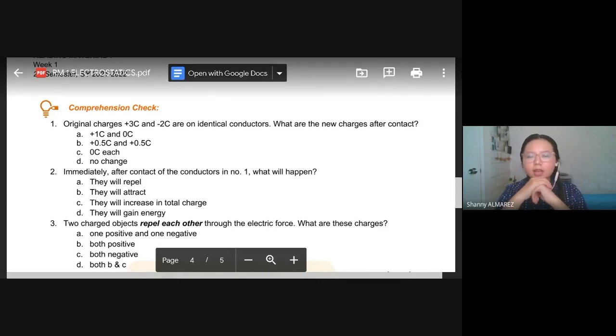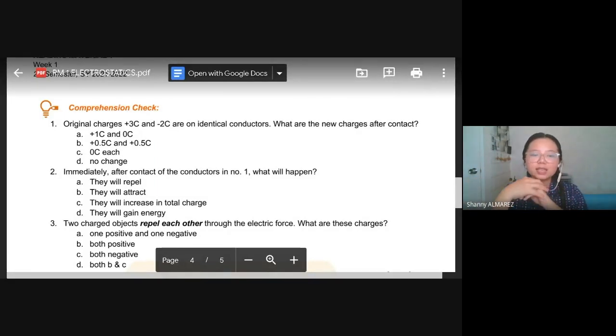Ano kaya mangyayari dun sa extra electrons nung isa, tapos yung dun sa atoms na kulang sa electron? Most probably, they will find each other. Okay? So, hahanapin nung may mga sobrang electrons, yung mga atoms na kulang sa electron. Okay? So, what would happen is there would be a redistribution of charges.